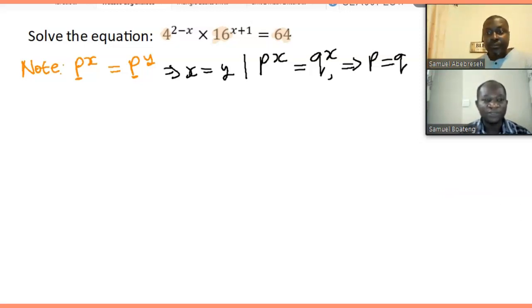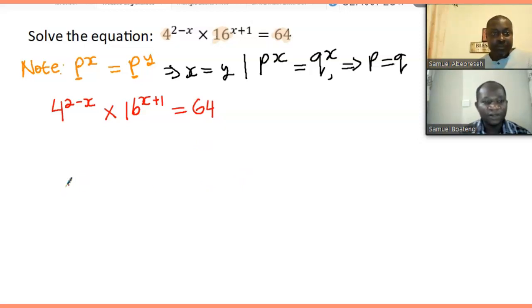So let's come back to the question. 4 to the power 2 minus x times 16 raised to the power x plus 1 is equal to 64. Let's check all the indices. The first term has base 4, and then the 16 is a different base, and the right side is 64.